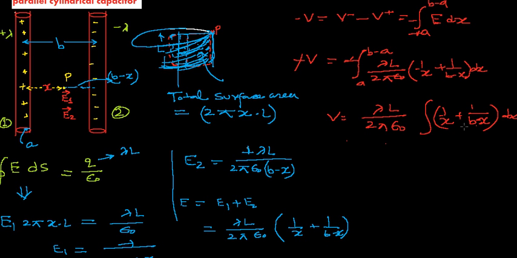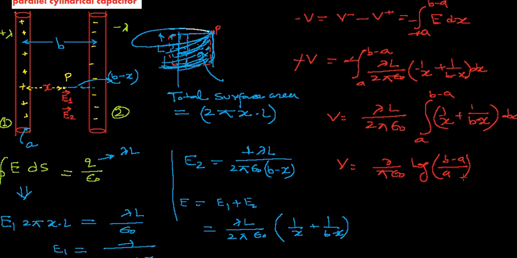Now the integration is from a to b minus a. You do this integration, and you will get V equal to lambda by pi epsilon naught times log of b minus a divided by a.